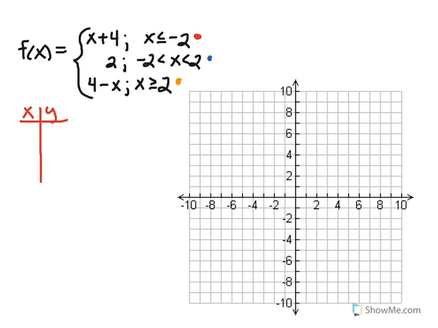Let's try -4, I'm going to try -3, and then of course the endpoint that's included, -2. When I plug these values in, -4 plus 4 is 0, -3 plus 4 is 1, -2 plus 4 is 2.